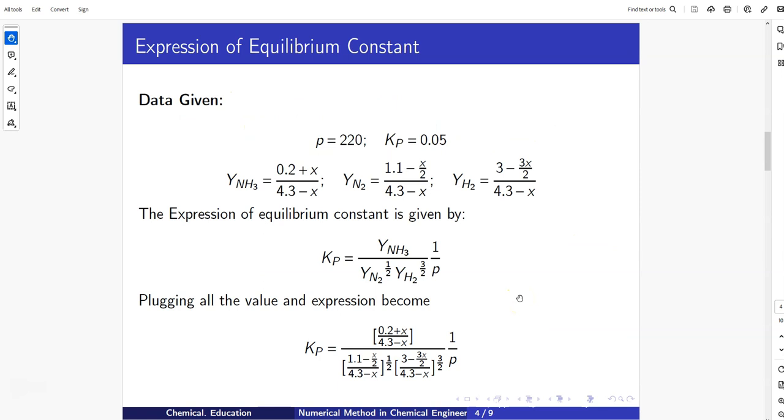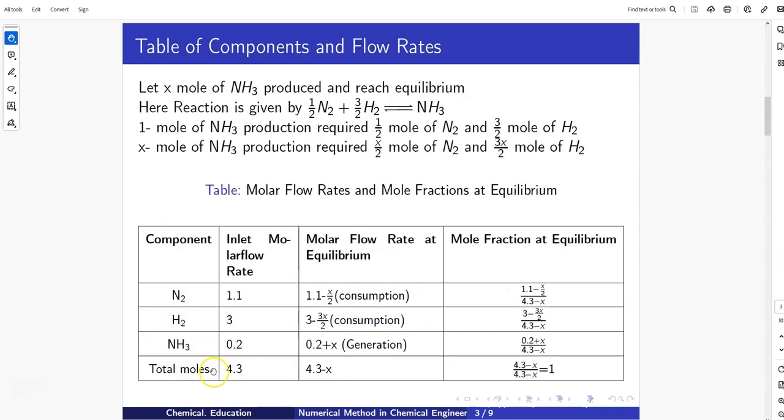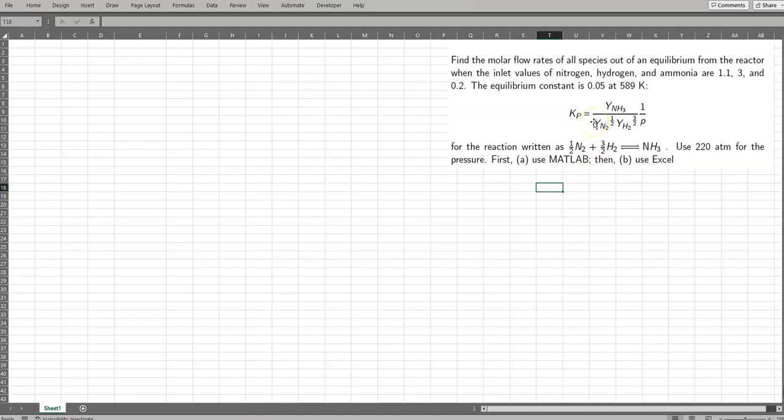Now I'm going to solve by using Excel. So now I'm going to that Excel sheet. This is the problem. First I'm writing here the component: the first one is nitrogen, then hydrogen, then ammonia.